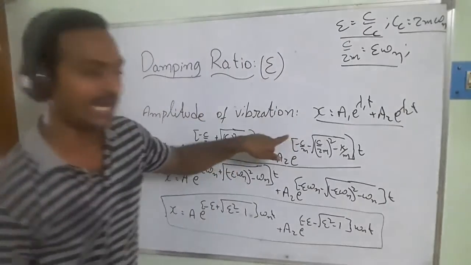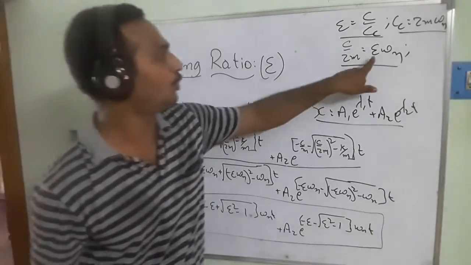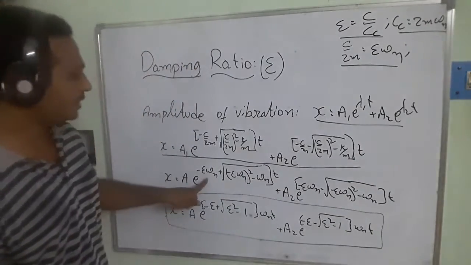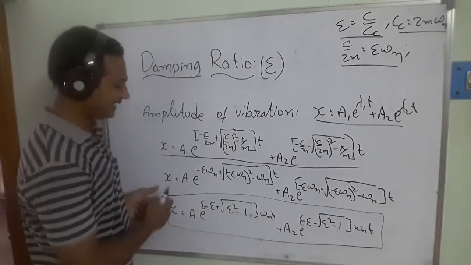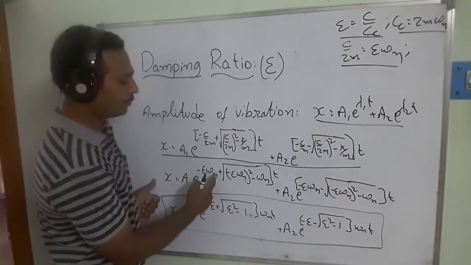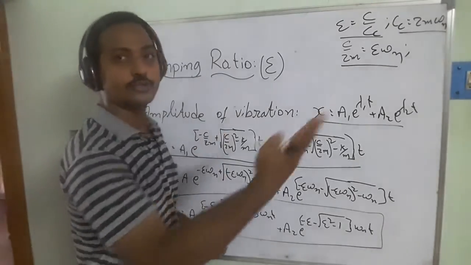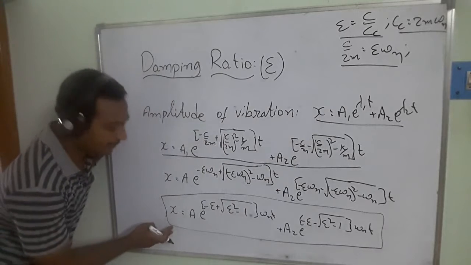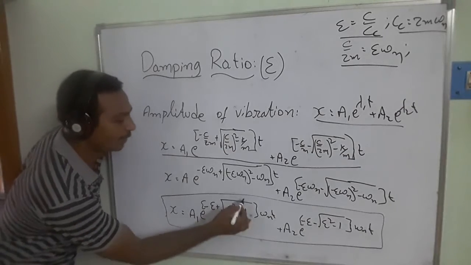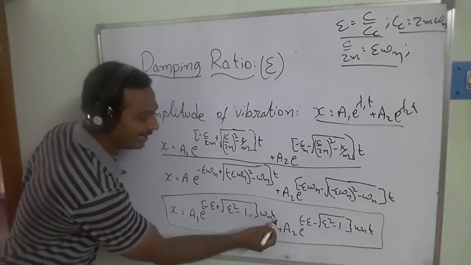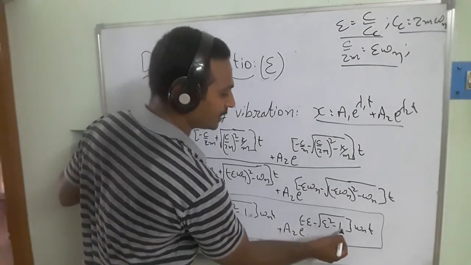We derived this equation in the last video lecture, and now I substitute c by 2m equal to epsilon omega n. Once I substitute it in this equation, we get this equation, I hope it is visible to you all. Taking omega n, the natural frequency, outside the root, the final equation is x is equal to a1 e to the power of (minus epsilon plus square root of epsilon square minus 1) omega n t plus a2 e to the power of (minus epsilon minus square root of epsilon square minus 1) omega n t.